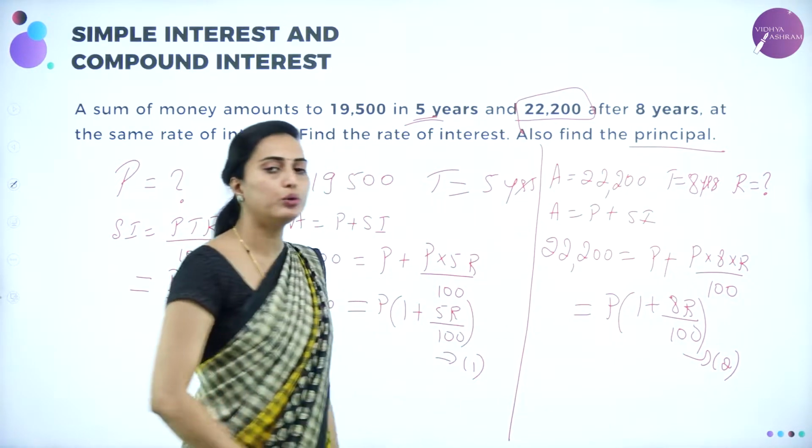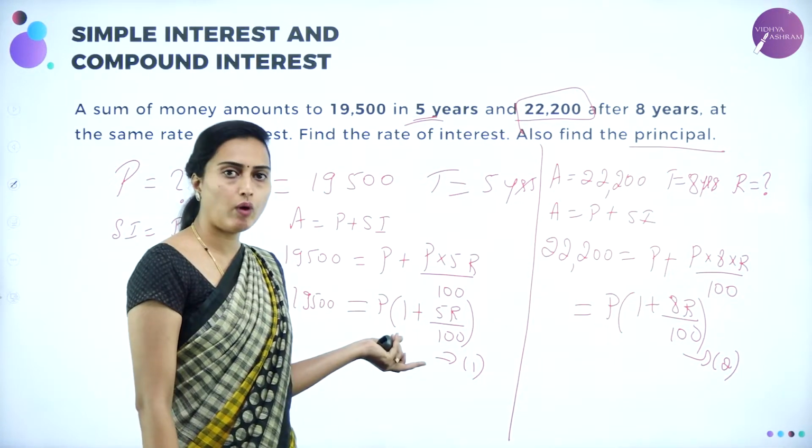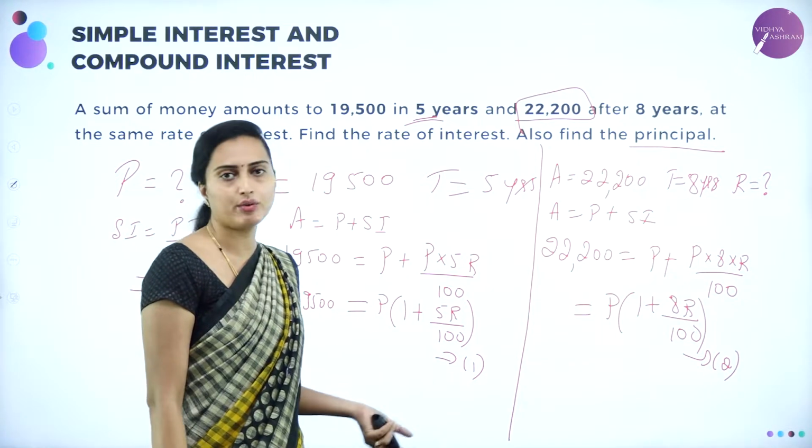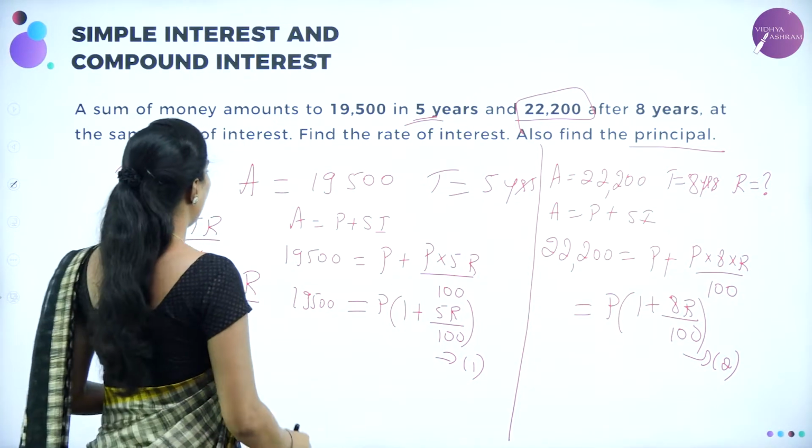So from 1 and 2 we can take equation 2 divided by equation 1. If we do, we are going to get a relation.